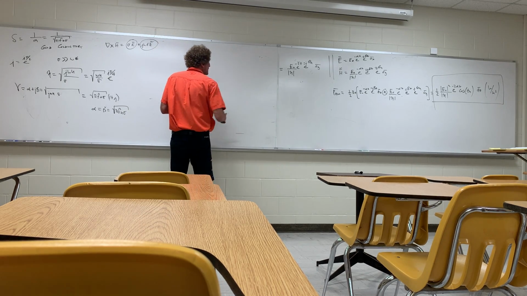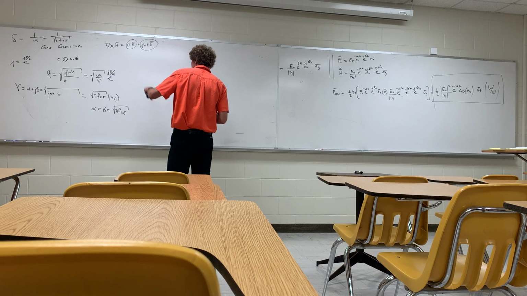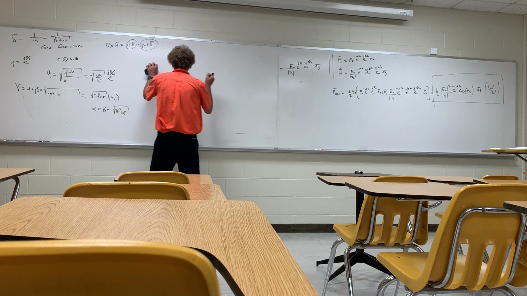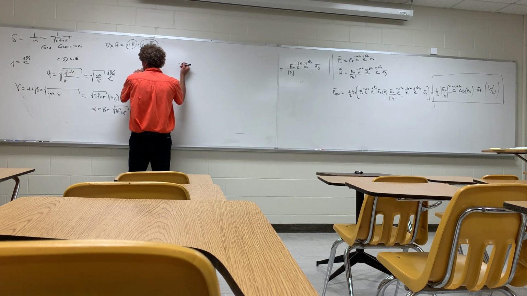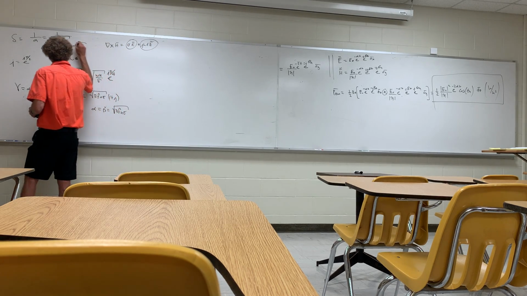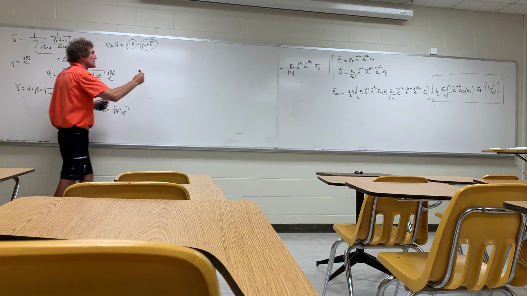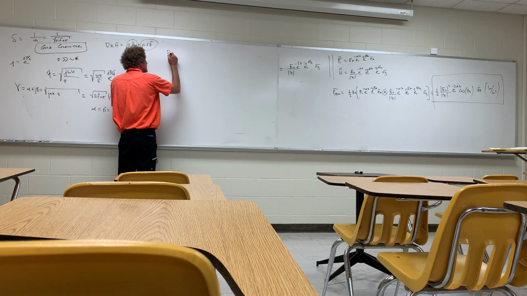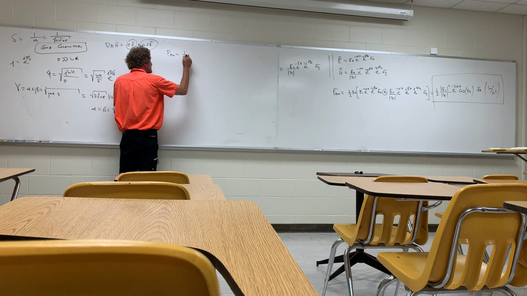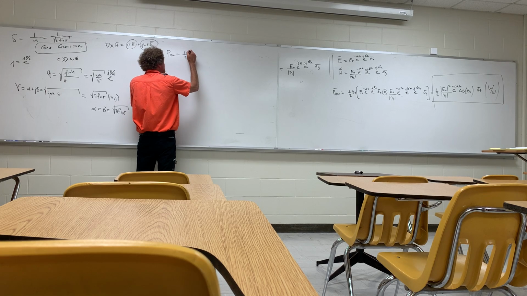So now that I've got that, I'm going to get average power flow in a good conductor. And again, this is all for a good conductor. So average power flow is equal to 1/2, take a look at this, times E naught squared over the magnitude of eta.